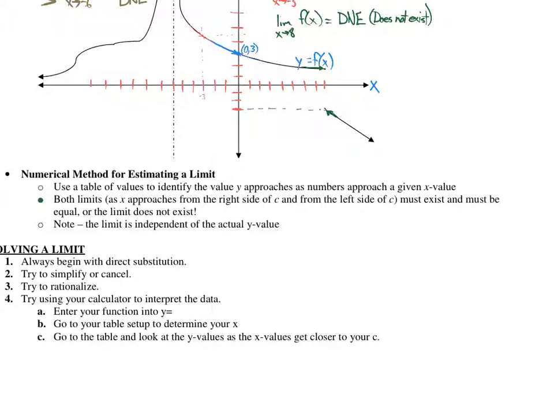Both limits, as x approaches from the right and the left, must exist and must be equal, or we say the limit does not exist. This is what we just saw right up here, okay? The limits were not equal, so they didn't exist.